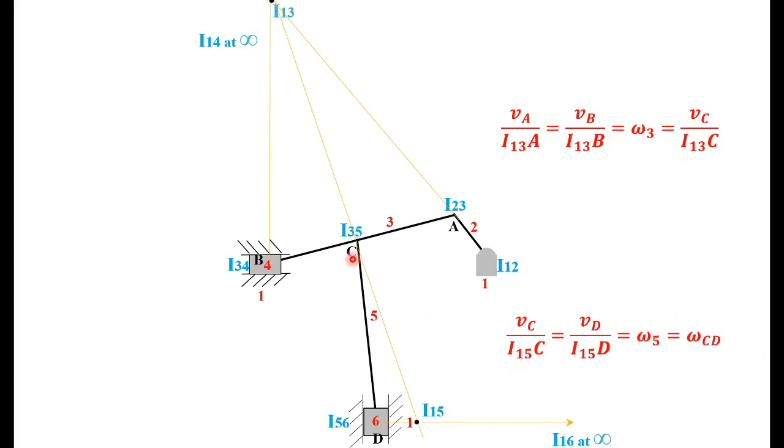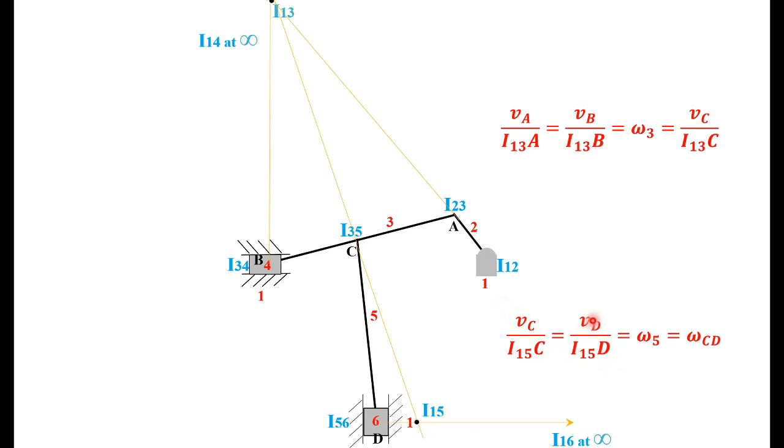Here VC is known. I15C you have to measure from C to I15, equal to VD divided by I15D. I15D is this distance, that you measure and write. So all these three values known, then you will get VD.